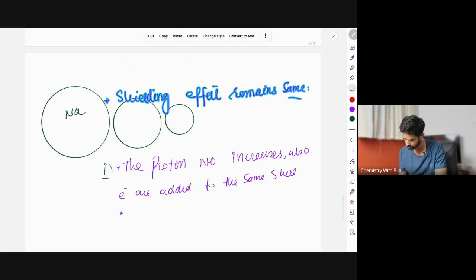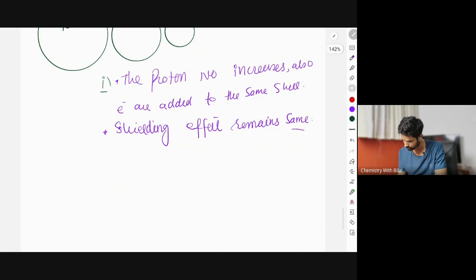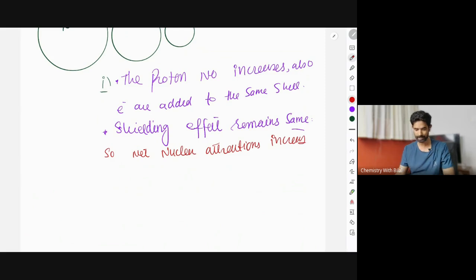Shielding remains same. So what would happen to the net nuclear attraction? So net nuclear attraction increases.